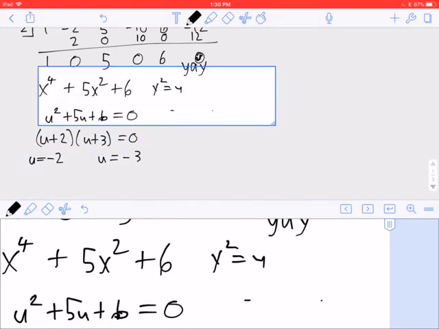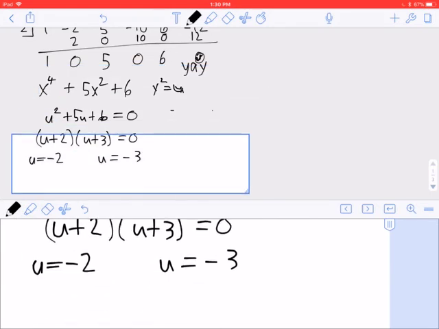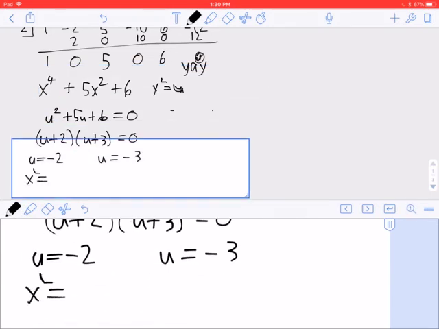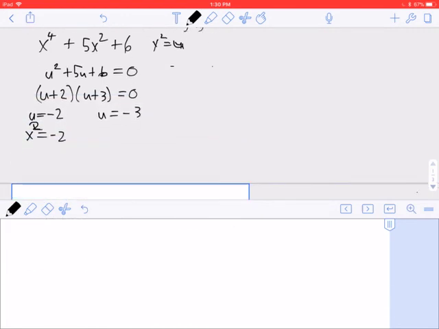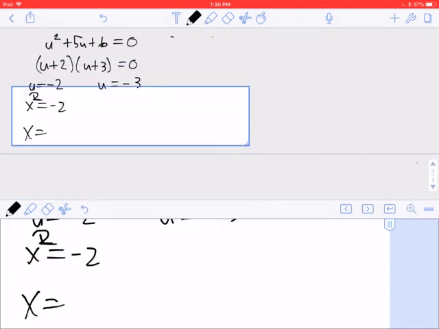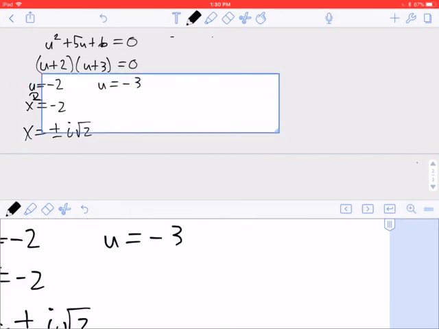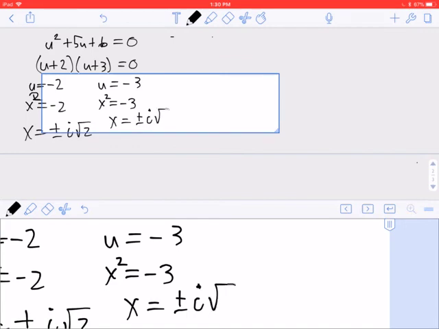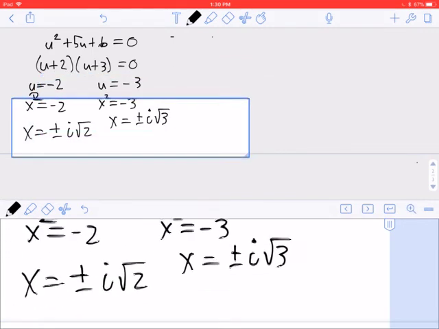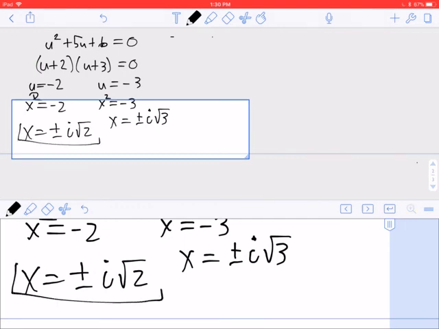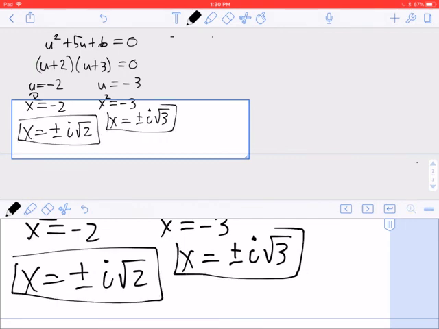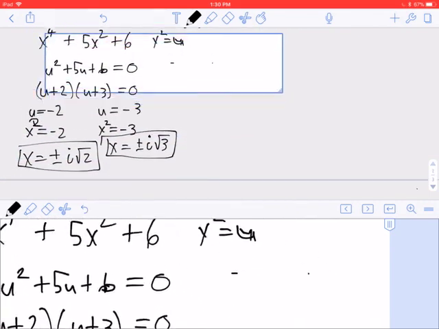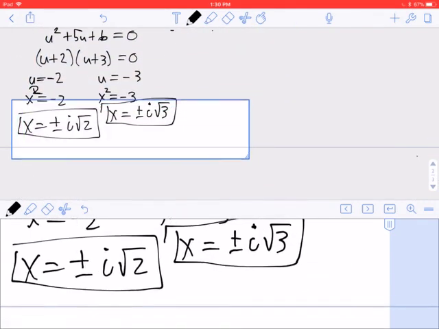Remembering that x squared was equal to u, this is x squared equals -2. So then x equals plus or minus i square root 2. And over here we get x squared equals -3. So x equals plus or minus i square root 3. So there's our 5 solutions. We have plus or minus i root 2, plus or minus i root 3, and up here we got x equals 2.